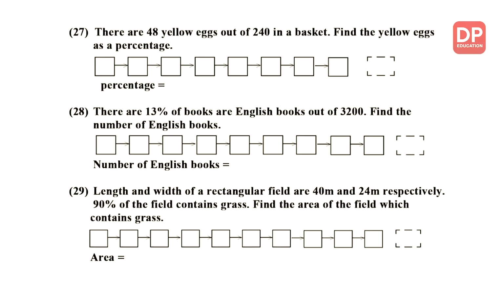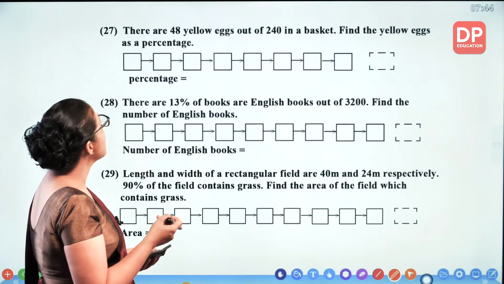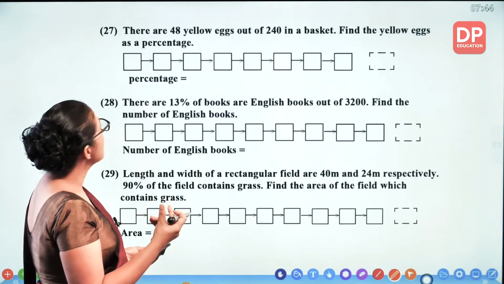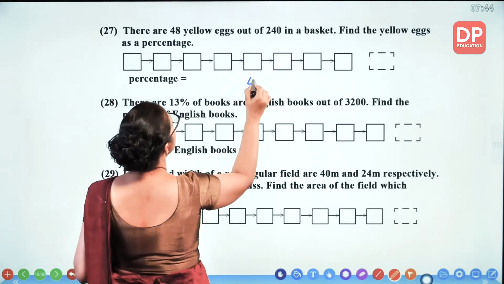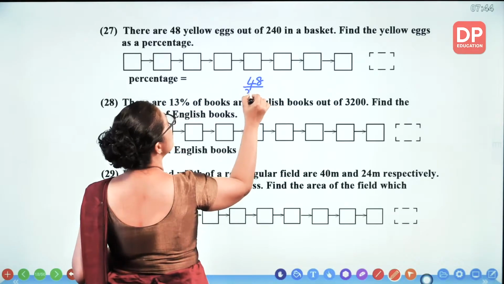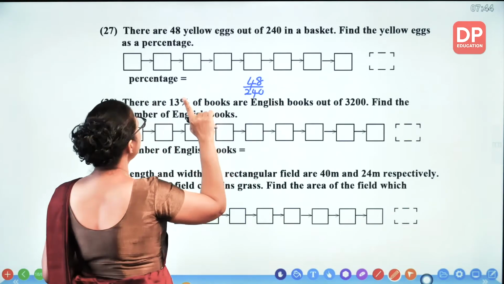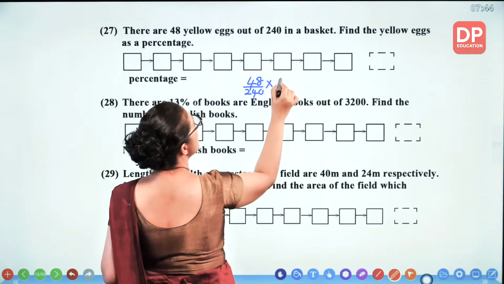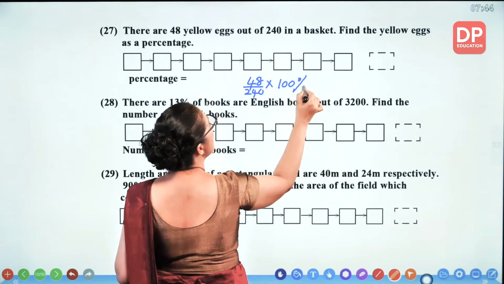There are 48 yellow eggs out of 240 in a basket. Find the yellow eggs as a percentage. This is 48 out of 240. As a percentage, you multiply by 100 and divide by 100.